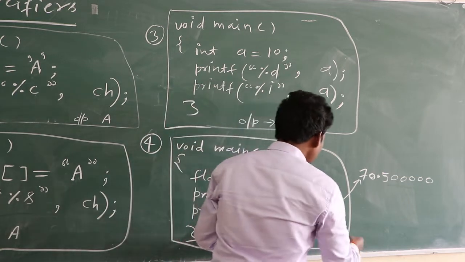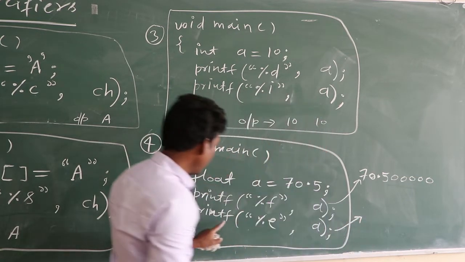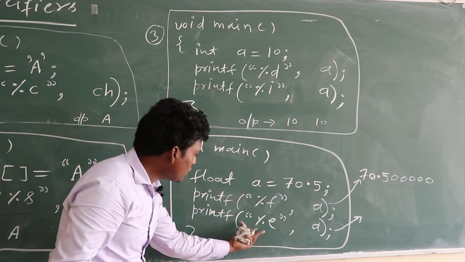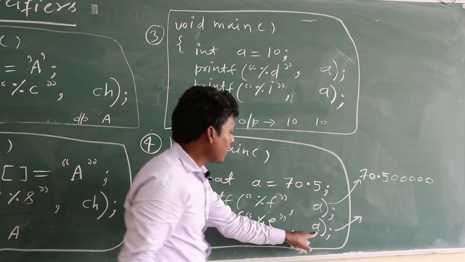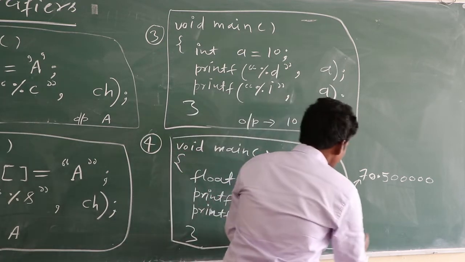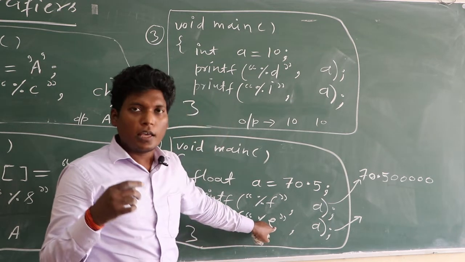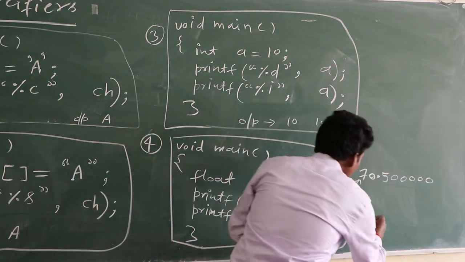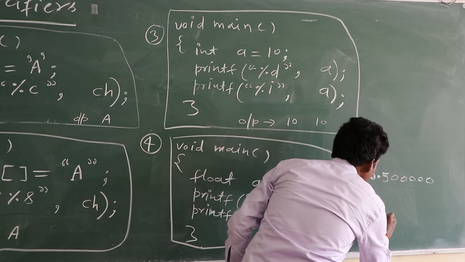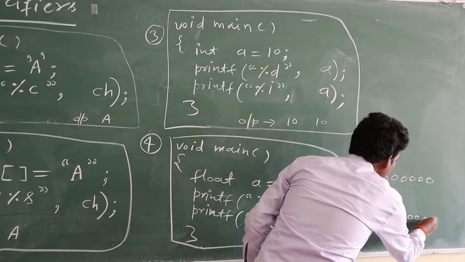And in this printf, %e prints a, and the value of a is 70.5. So this is exponential form, so it follows the exponential rule. So output is here 7.051234.